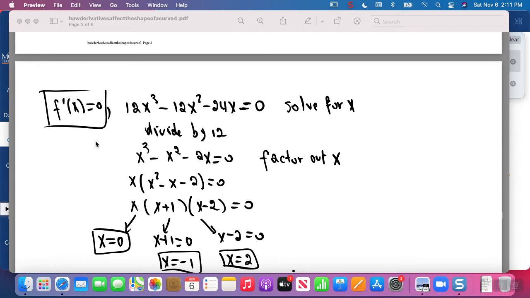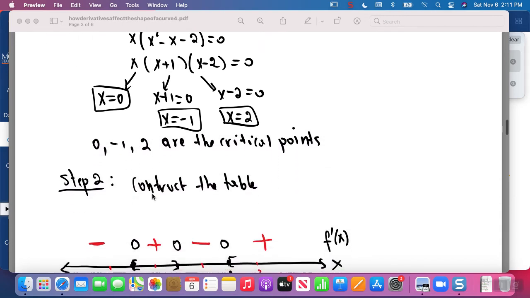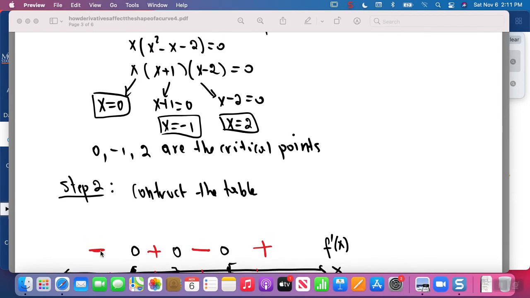If you plug in -2 here for x, what you're going to get is negative. So -2 times -2 plus 1 is negative, and -2 minus 2 is negative. So we're going to get negative times negative times negative, which gives us negative. So basically we say that f prime is negative on the first interval.